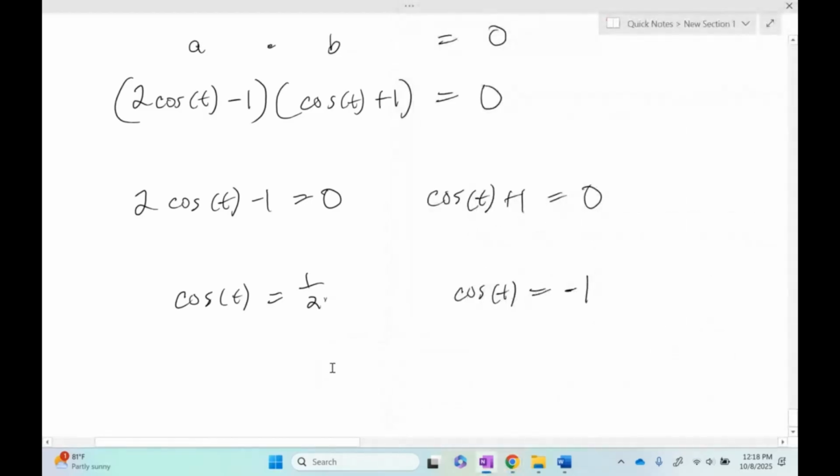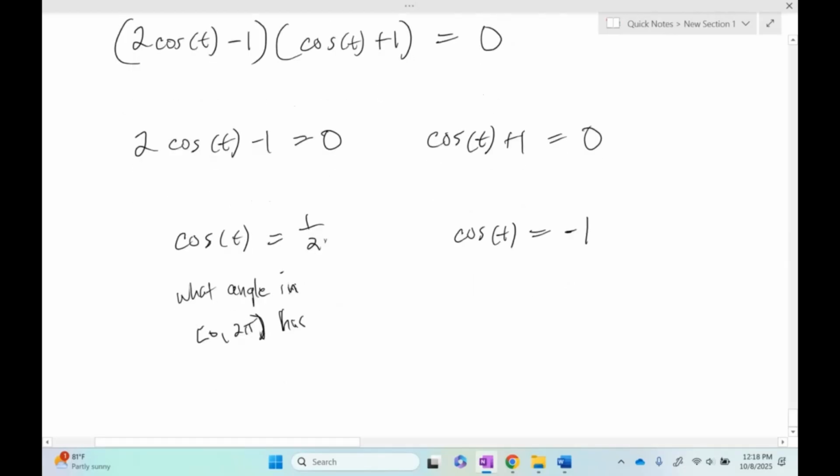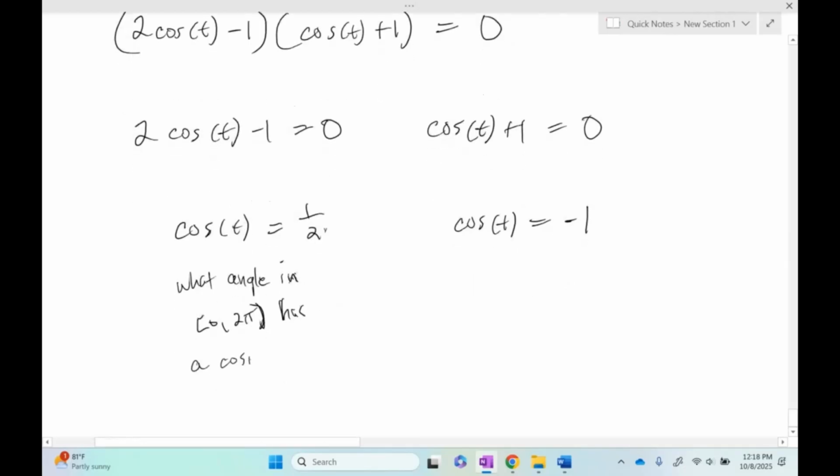For this one, what angle in the interval 0 to 2 pi has a cosine, which is the x coordinate, of positive 1/2?